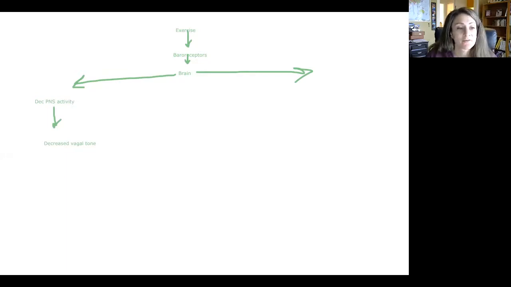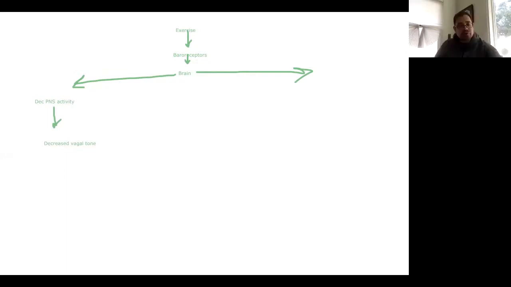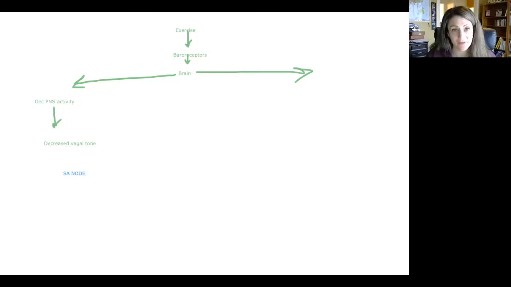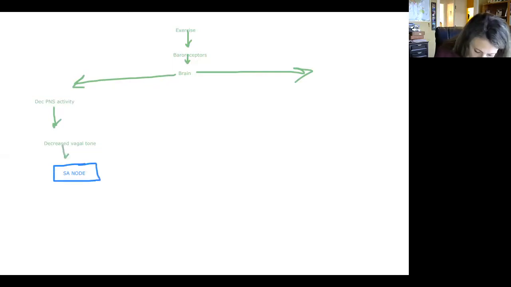What's the effector? The SA node. If we're talking about increasing or decreasing heart rate, we have to talk about the SA node. Okay, so I'm going to box my SA node as my effector. Draw my arrow here. So decreased vagal tone will act on the SA node, and how will the SA node respond to a decrease in vagal tone?